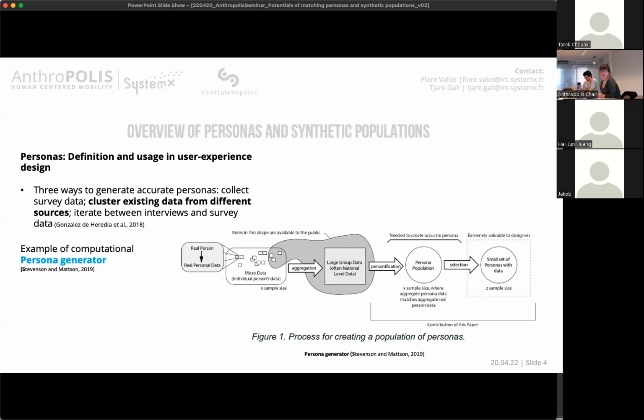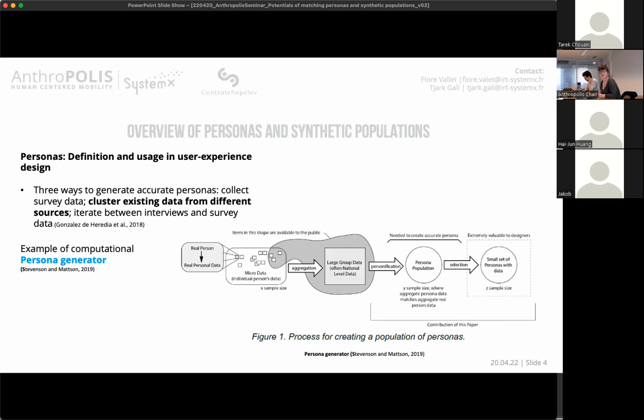We can also retrieve existing data from different sources and try to merge them to build the personas. And we can also iterate between conducting interviews or having very ethnological ways of looking at real people, extracting some archetypes from that, and combining that with survey data.